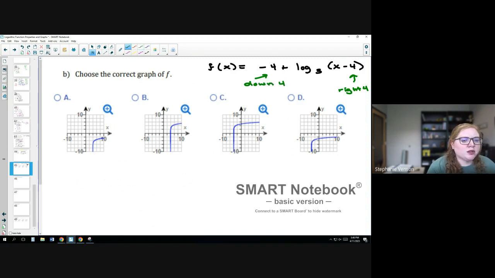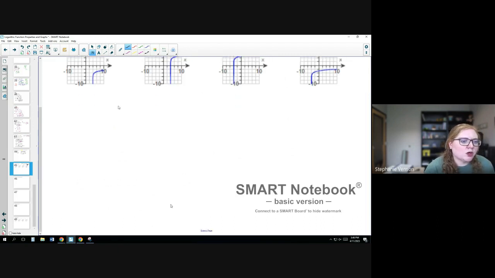Now, remember what the parent graph for a logarithm looks like. Y'all know it's not easy to write on this thing. Here we go. Okay.